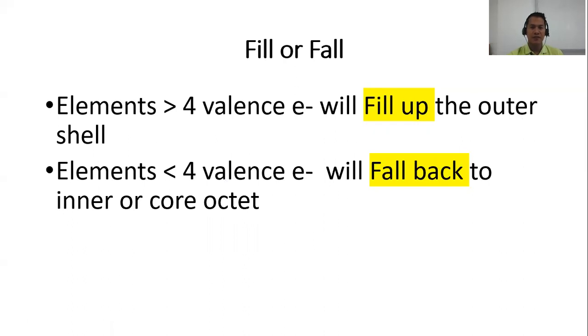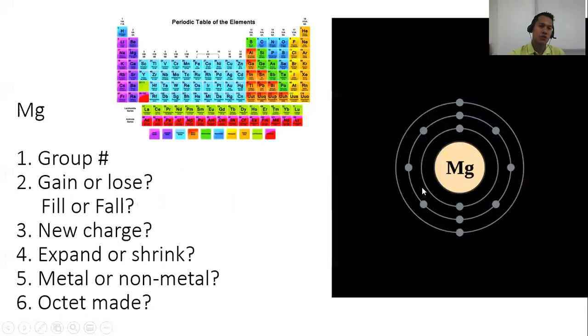Fill or fall, gain or lose. Basically, if it is greater than 4 electrons, it will fill up and gain. And if it is less than 4 valence electrons, it will fall back and lose.